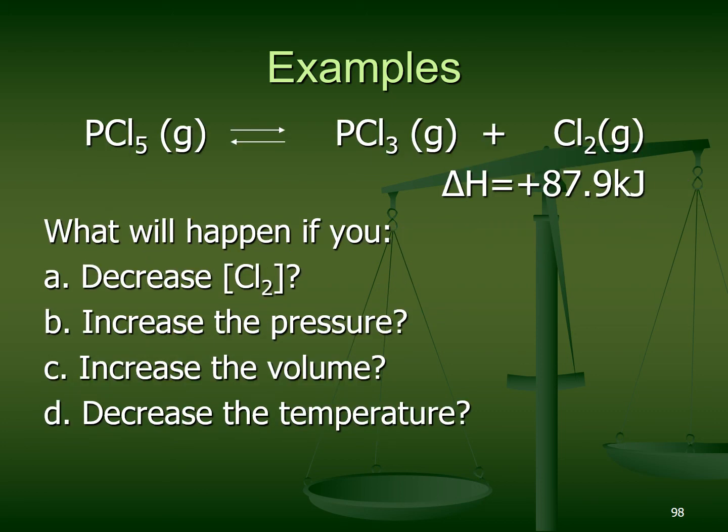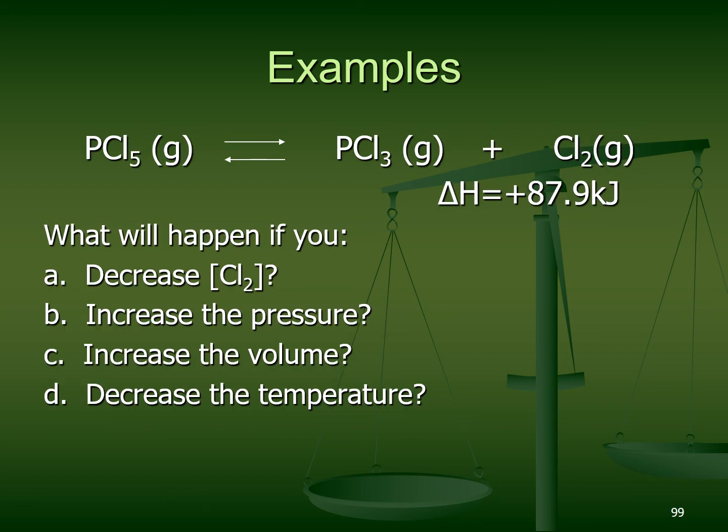All right, here's one more example. PCl5 gives us PCl3 plus Cl2, and delta H is positive 87.9. So delta H being positive means it's an endothermic reaction. So what will happen if you decrease the chloride concentration?